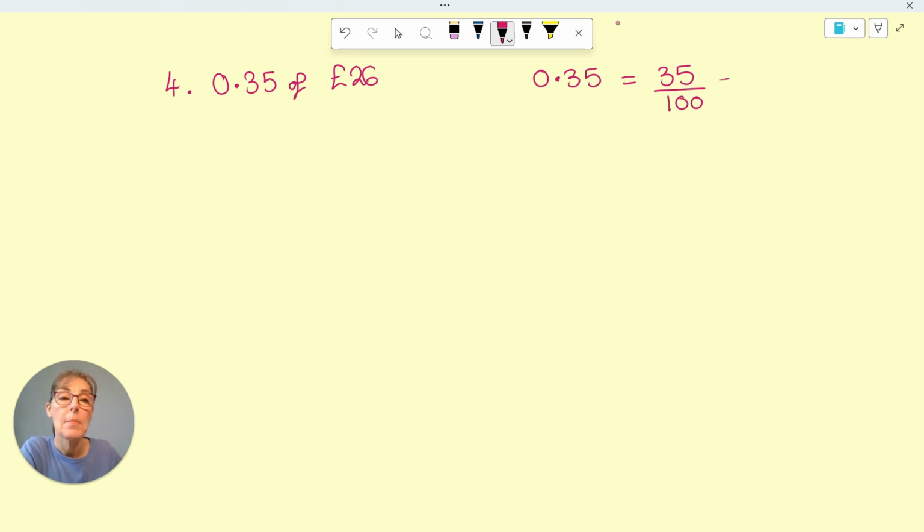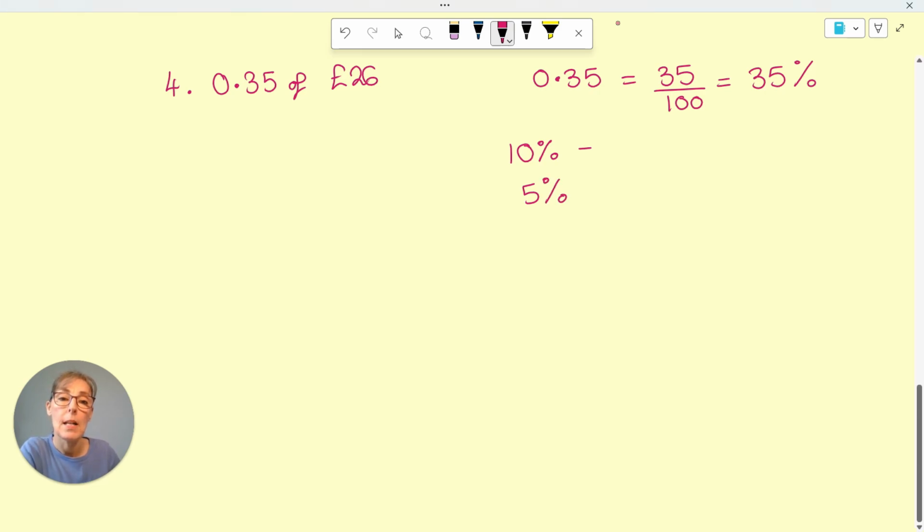And that is the same as saying 35%. So I'm going to find 10%. Then I'm going to multiply that by 3. I'm going to find 5% and add it on.